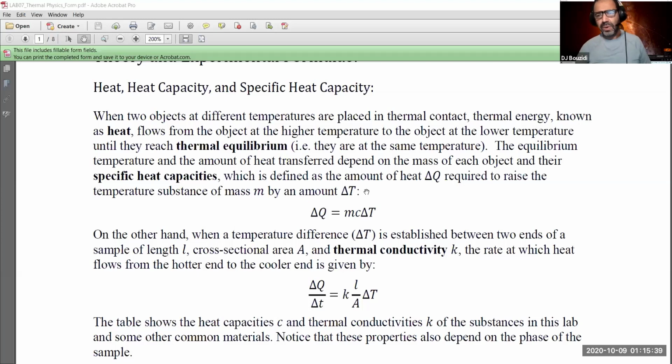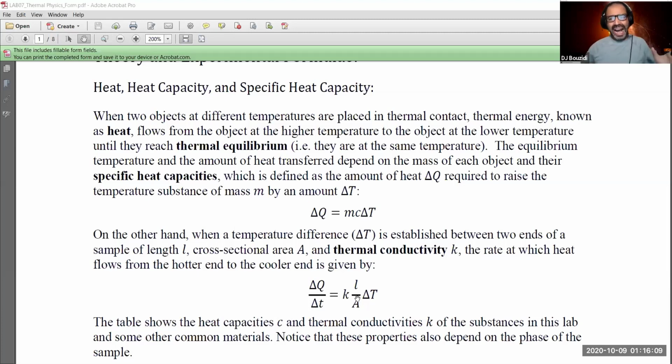And the expression for that is the power, which is the rate at which heat is being transferred from one side to the other, and it is proportional to how long the material is. The longer it is, the more power is going to be transmitted. If it's short, it's going to be less. It depends also on the area. If the area is narrow, you're going to squeeze more heat through it. I'm not talking about heat, but the rate at which the heat is moving.